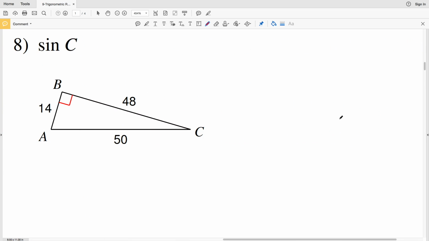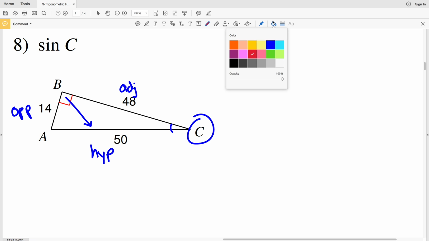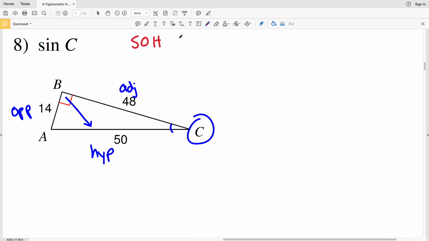And for number 8, we're looking at angle C. So opposite C is 14, AB. The hypotenuse is directly across from 90 degrees, and that's 50. And adjacent to C, excluding the hypotenuse, is 48. Sine, think SOH. So sine is equal to opposite over the hypotenuse.